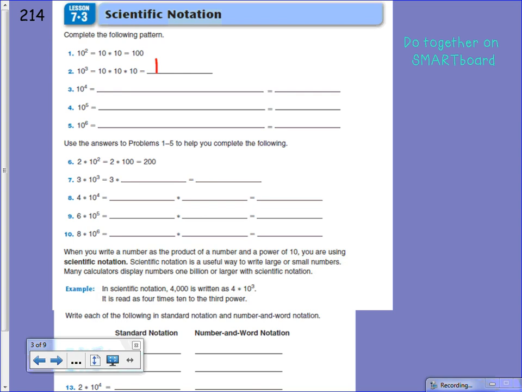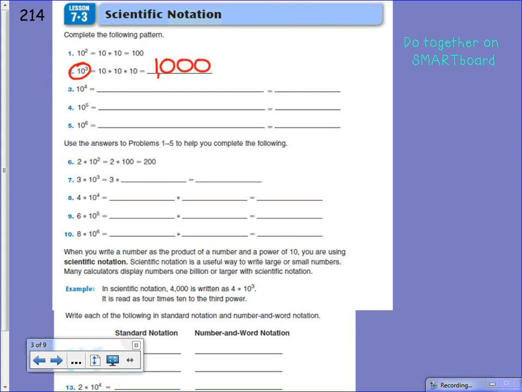Bingo. So in this case, 10 to the third, we are going to put 3 zeros. The nice 10 rule doesn't work for all numbers as the base, but 10 is just a nice, easy, quick one.